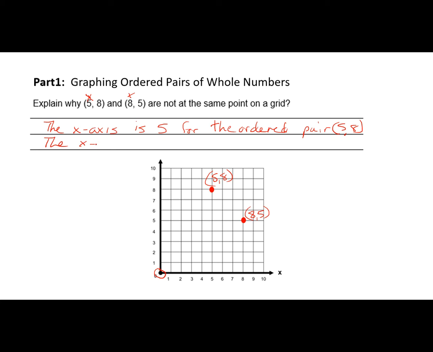The x-axis value is 8 for the ordered pair 8, 5. Just looking at the x-axis, our first number in each of these ordered pairs, we can identify they're not the same point because we're not traveling along the x-axis to the same point.